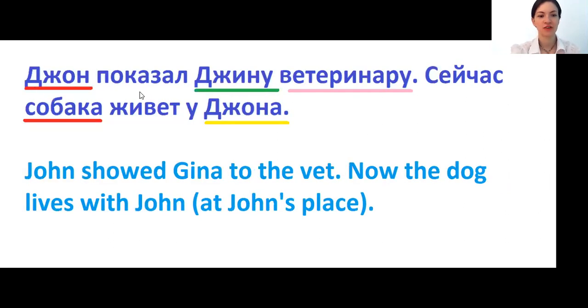Джон показал Джину ветеринару. John is subject and nominative, and показал, showed. It's a very interesting verb. After it, you must use accusative, object, and dative.